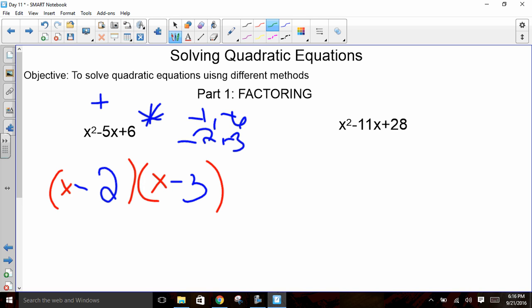The second one, I look to see, do I have any numbers in front of my x squared? I do not, so I go ahead and start with my two sets of parentheses. X times x is the only thing to give me x squared. I notice I have a plus at the end and a minus in the middle, so I have minus minus. Okay, what goes into 28 that adds to 11?